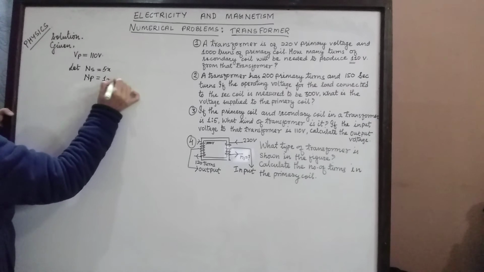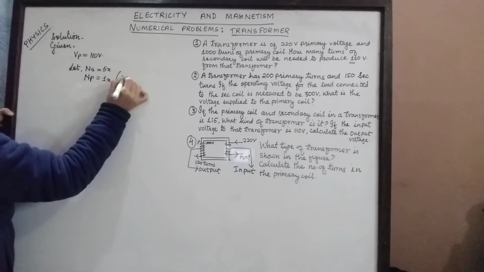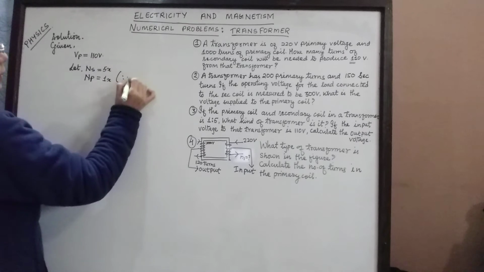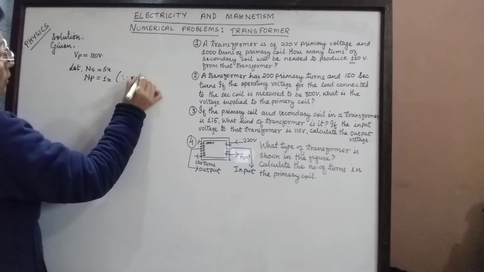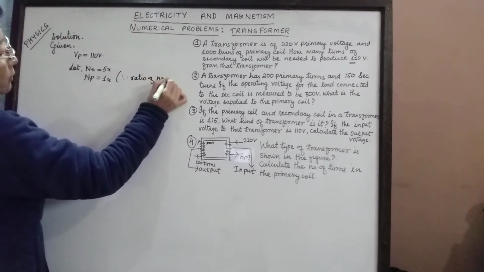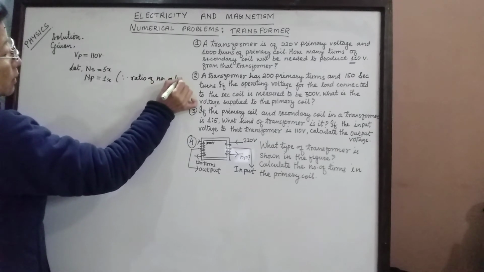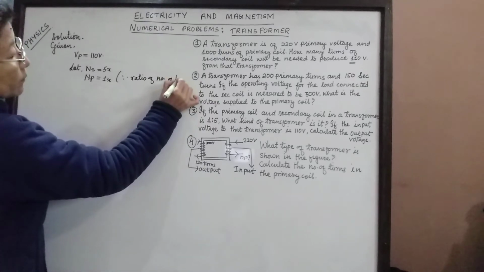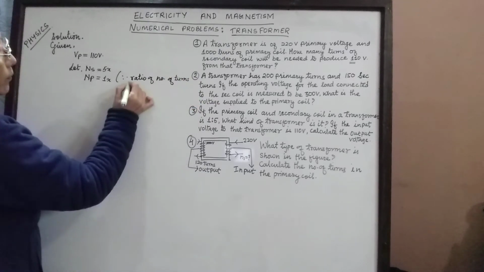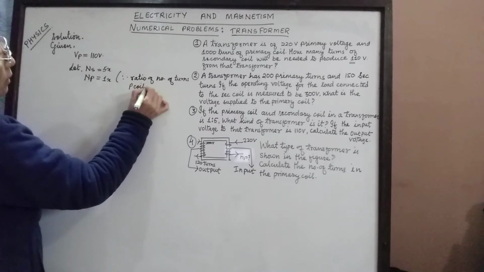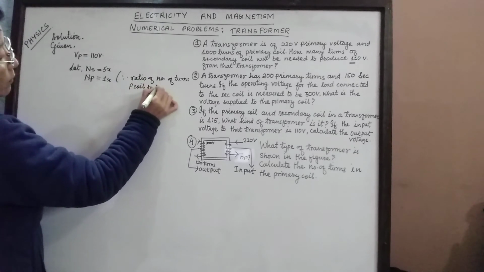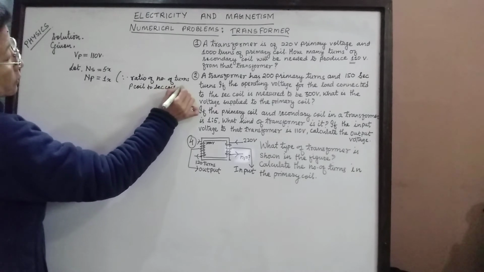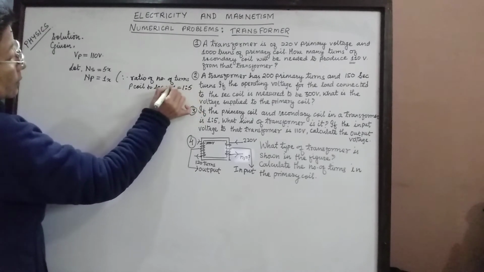Because you can write within the bracket, the ratio of number of turns, primary coil to secondary coil, is 1:5.